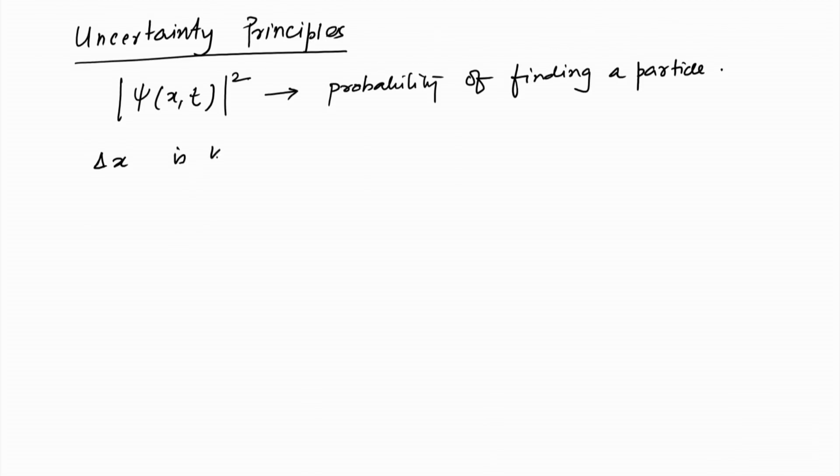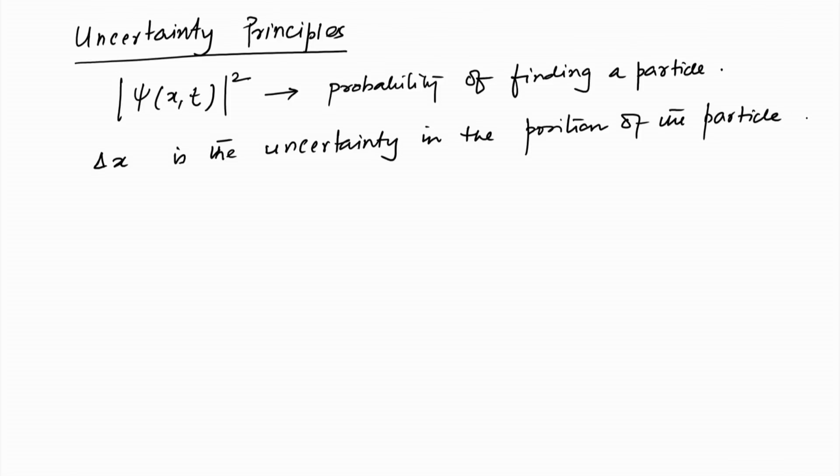So, say delta x is the uncertainty in the position of the particle, and there has to be an uncertainty in the canonically conjugate variable, which in this case is the momentum uncertainty. So, delta p x is the uncertainty in the momentum of the particle.